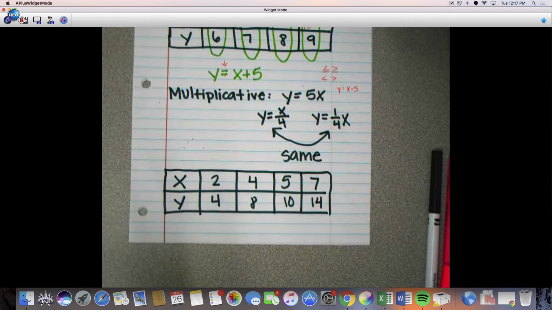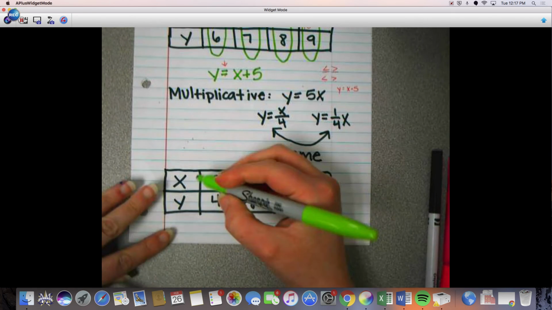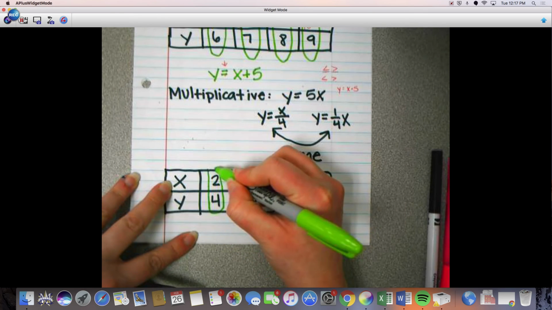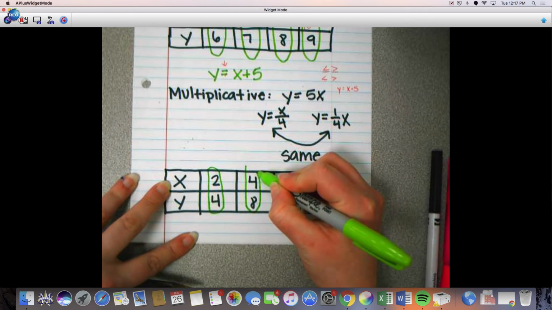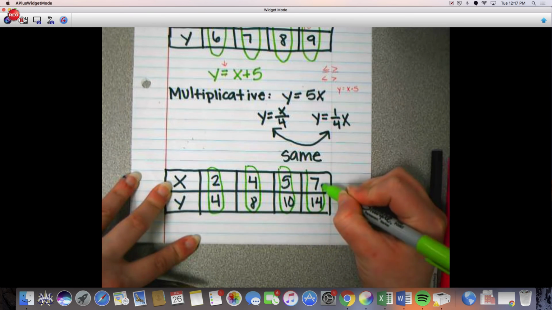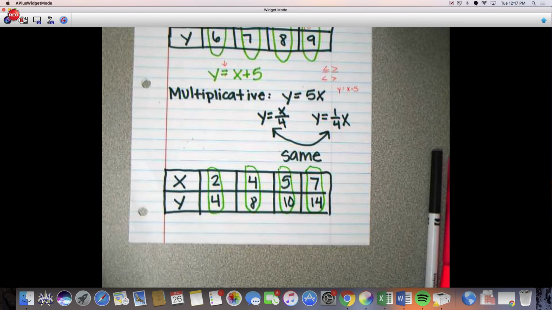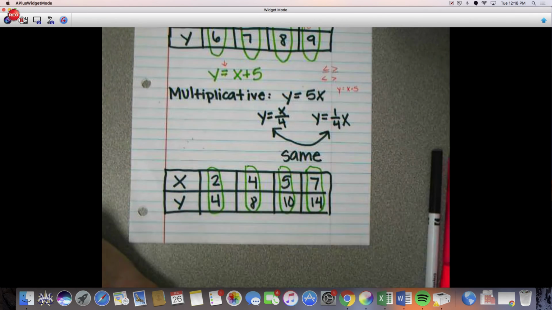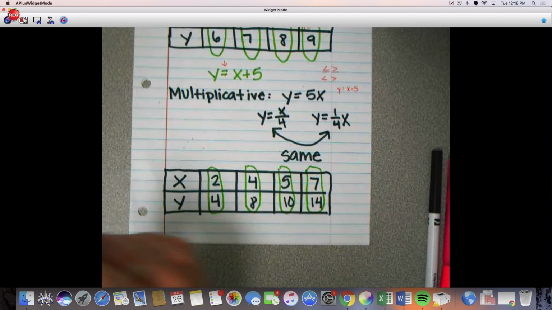I want you to circle this so that you remember we are looking at the relationship between these numbers. So we have two options here.